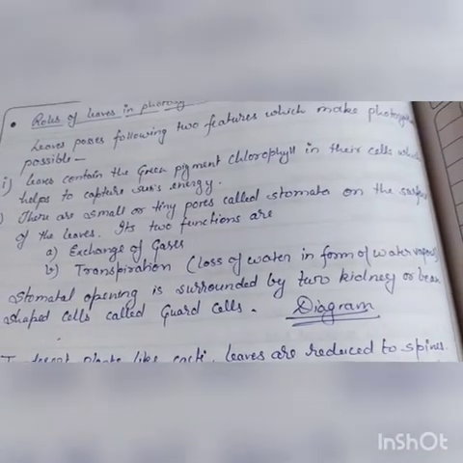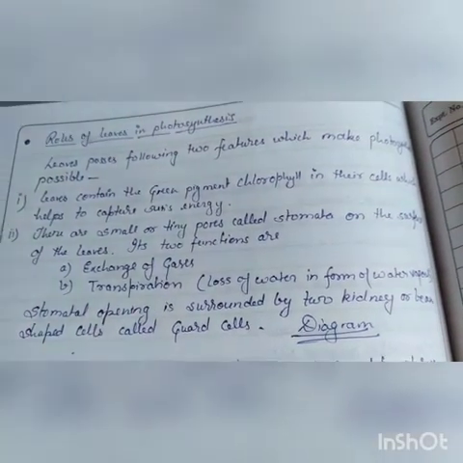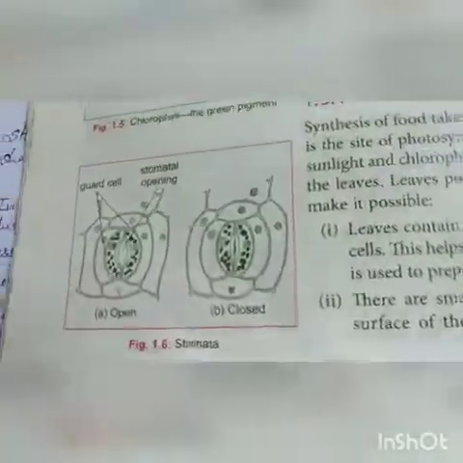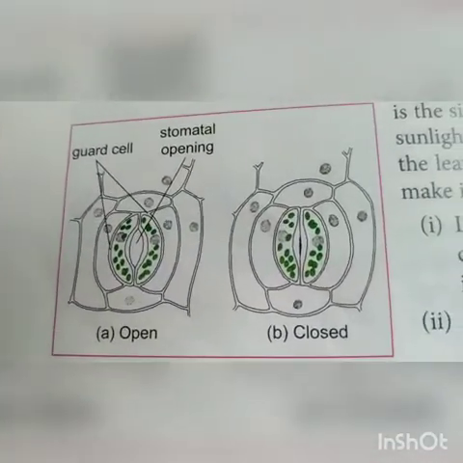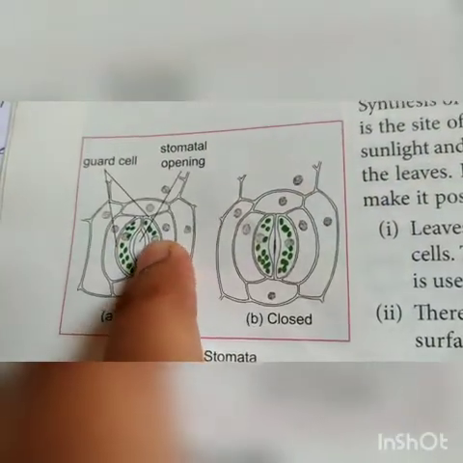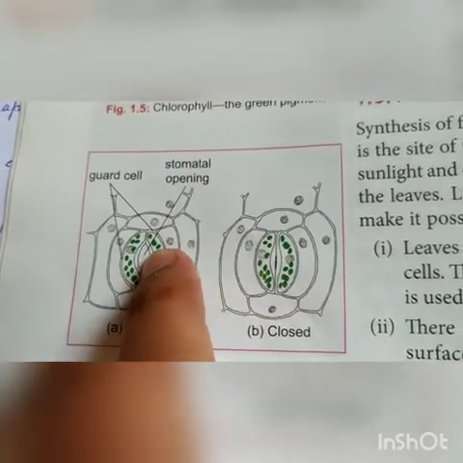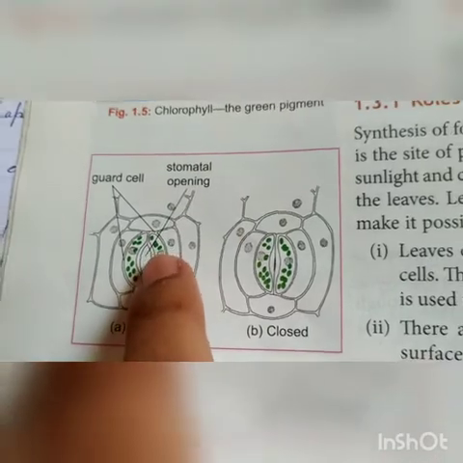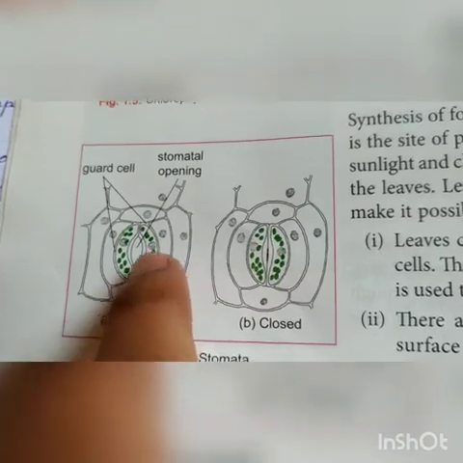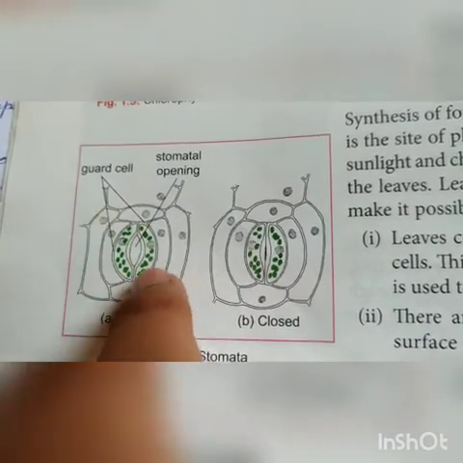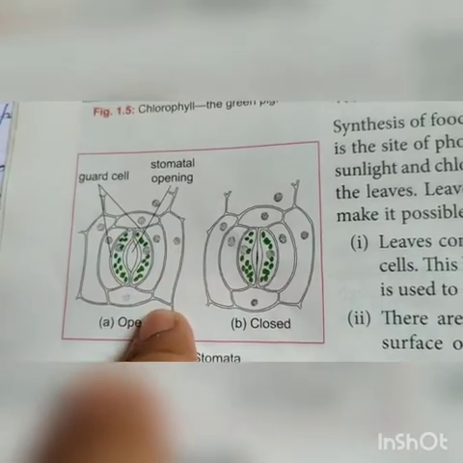See, here we are able to see a small opening. This whole structure is called stomata, and this small opening is called the stomatal opening, and it is surrounded by two bean or kidney shaped cells, isn't it? These kidney shaped or bean shaped cells are called guard cells.